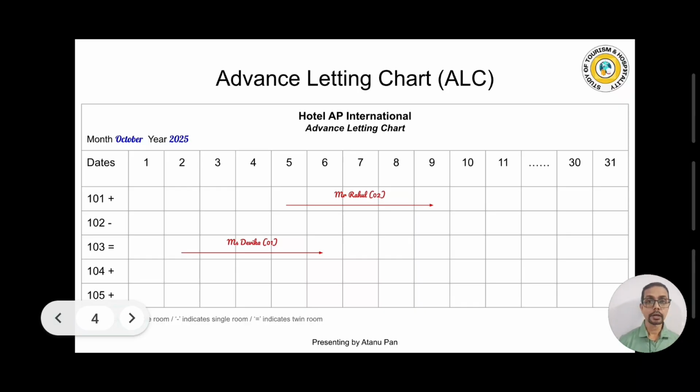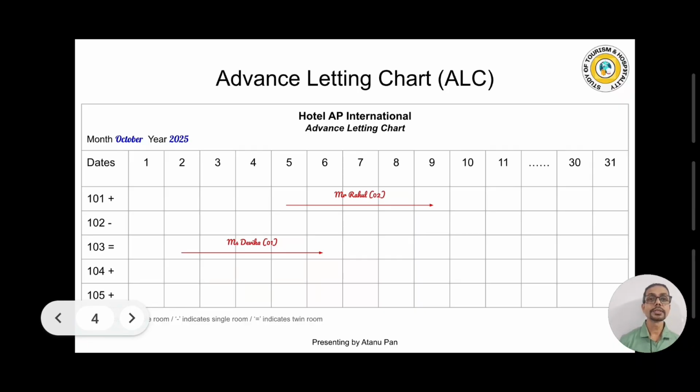Now, in this letting chart, you can see many things are written. On the top the dates are written, as it is for 1 month, so it will be from 1 till 31st. Below the dates we can see the room numbers mentioned: 101, 102, 103, 104. Along with the room numbers, you can see a few signs: plus, minus, equals to.